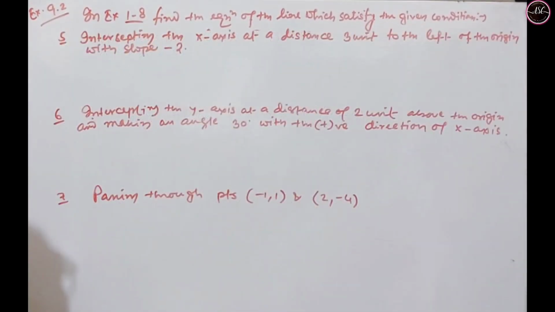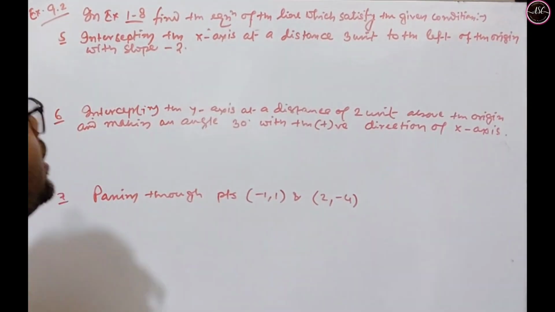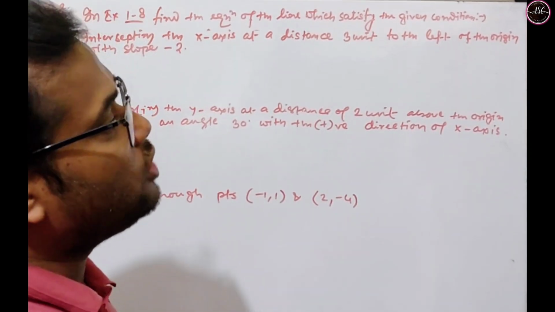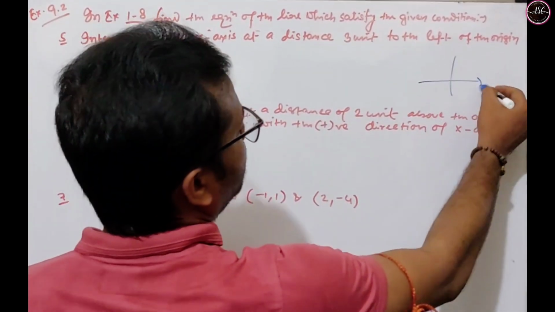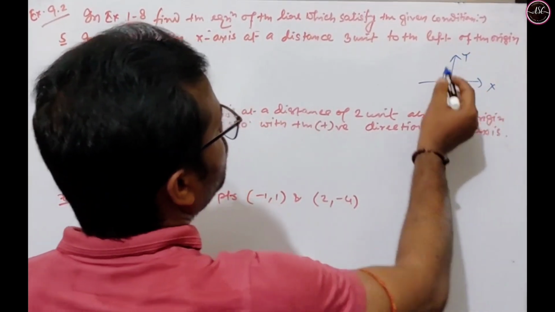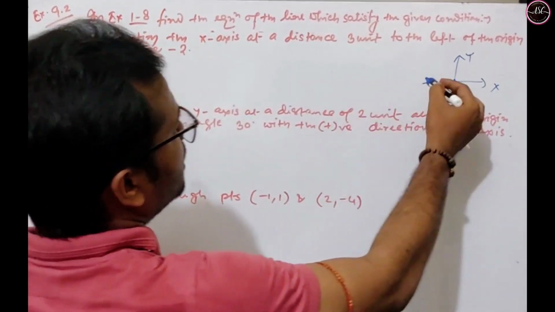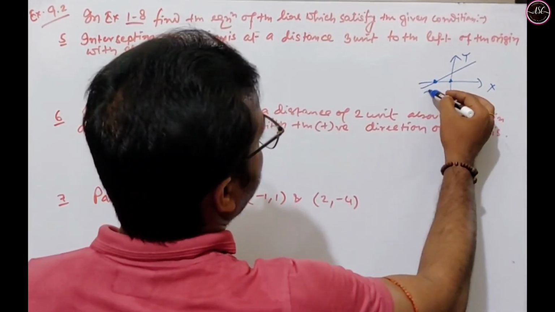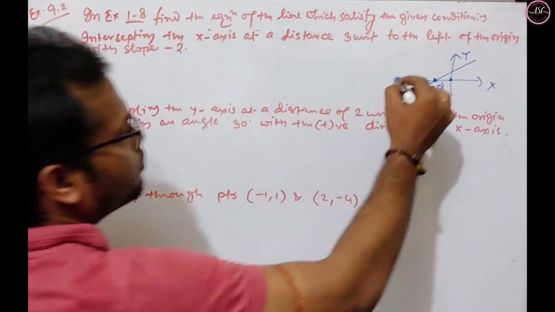Then look at this question. In exercises 1 to 8, find the equation of the line which satisfies the given condition: intercepting the x-axis at a distance 3 units to the left of the origin with slope minus 2. Just look here, this is x, this is y. To the left of the origin means this side. So intercept 3 units means this is (-3, 0), with slope m.